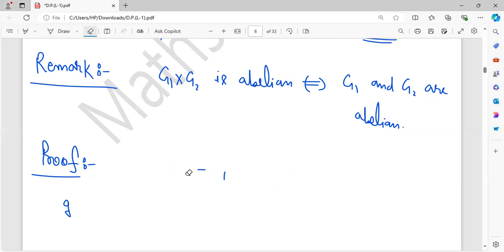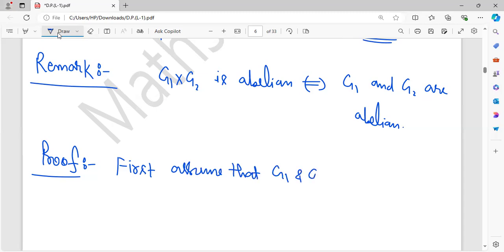So let us first assume that G1 and G2 are abelian. Okay.